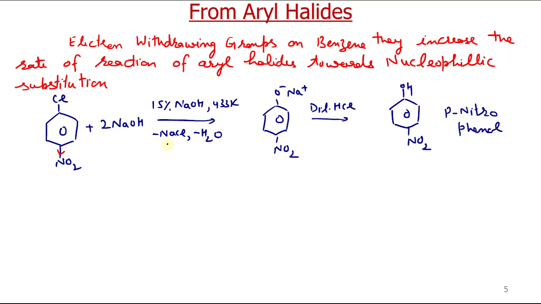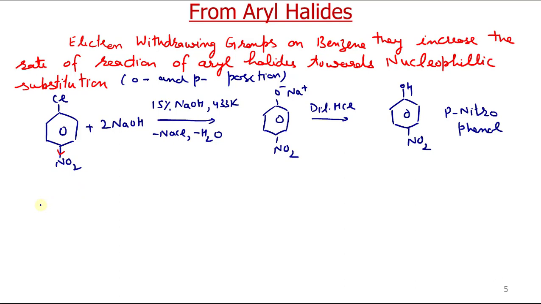Now suppose we add one more nitro group. Generally when these groups are present at ortho and para positions, they increase the rate of reaction. You have already discussed this in your lower classes, so you just have to remember it.